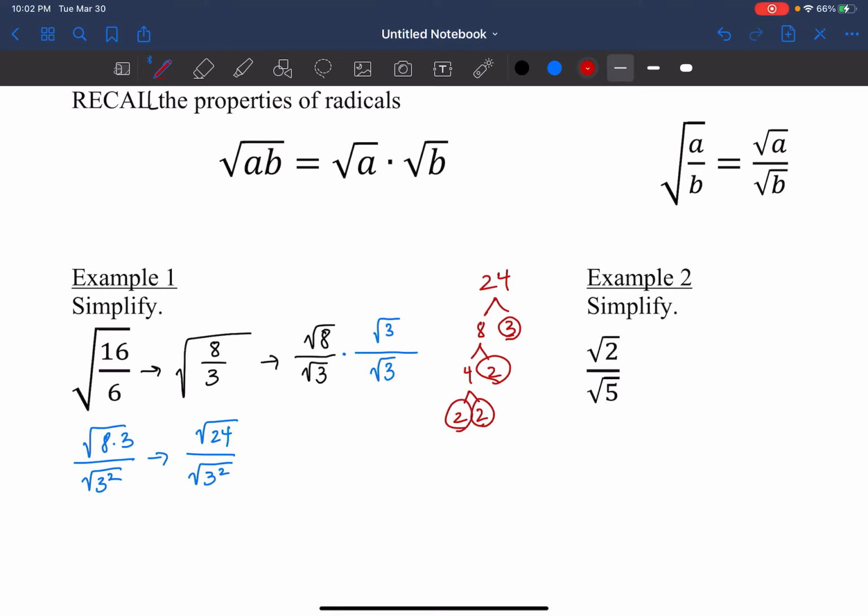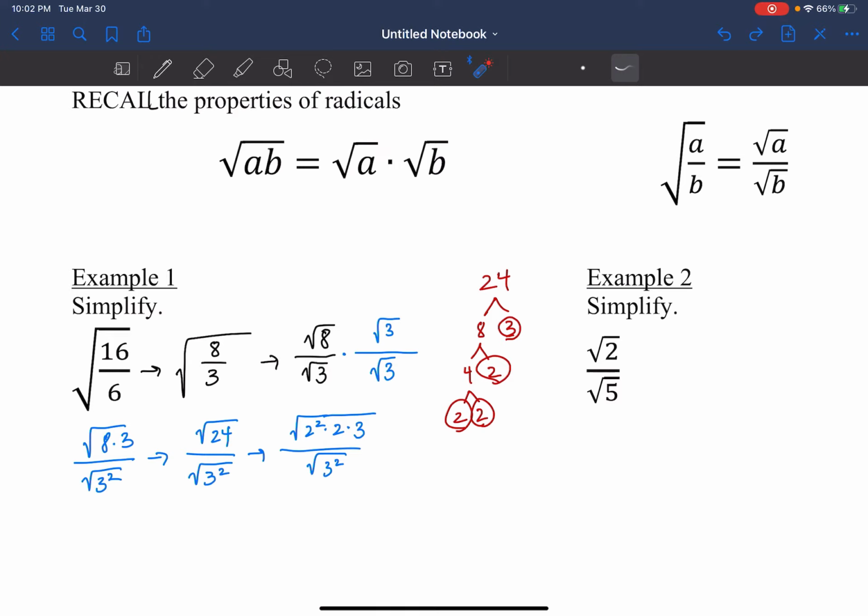All right, so now the square root of 24 becomes the square root of 2 squared times 2 times 3, and the square root of 3 squared. The reason I wrote 2 squared only once is because I only have 2 twos, 1 2 and 1 3, for it to make 24.